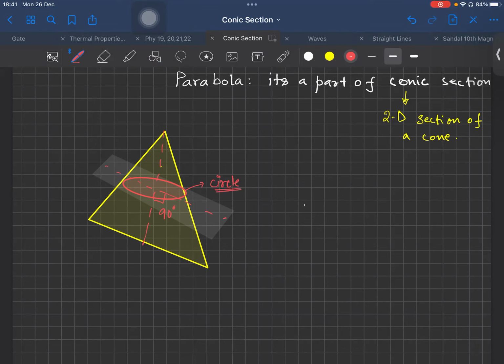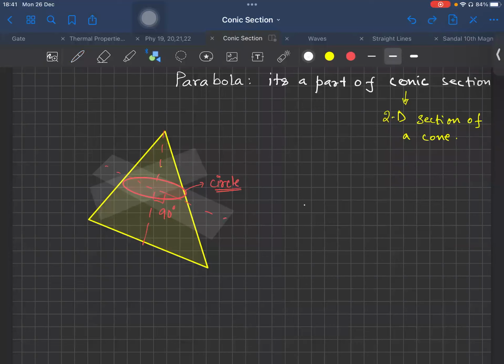Now, suppose we slice it in some different manner, let's say like this. The section that we are going to get will be the section of a parabola.